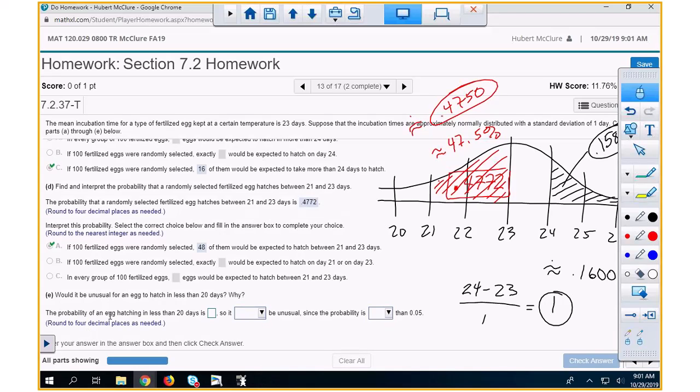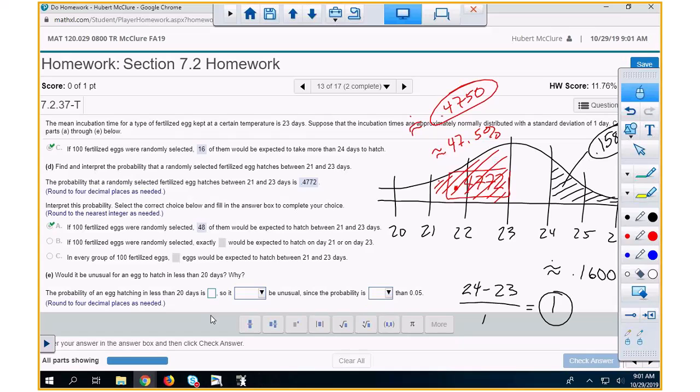The probability of an egg hatching less than 20 days. Well, you don't have to do anything really. Well, you can go ahead and type -9999 to 20. And somebody give me that to 4 decimal places. What is it?